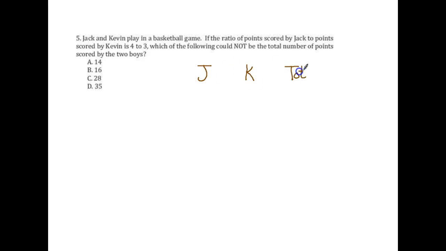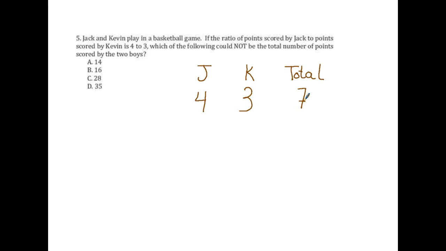Always put total. Okay? If Jack scores 4, Kevin scores 3, the total is 7. So this is the main information that you have to write anytime you see ratios on the test.